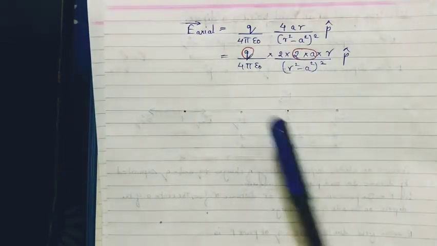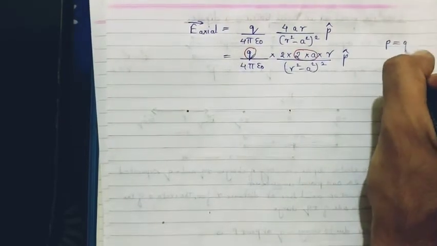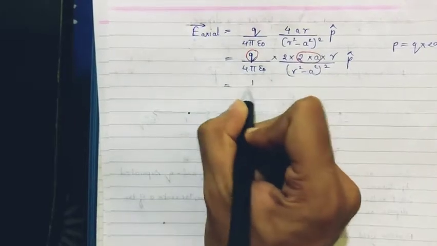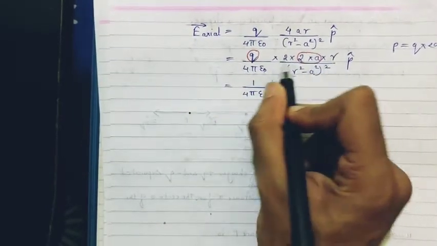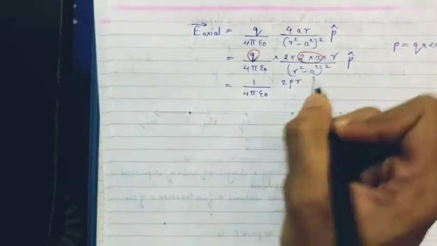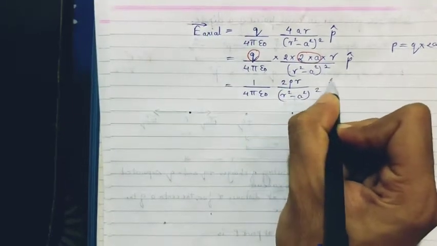Correct? So I can easily substitute this q into 2a, that is p, we know as q into 2a. So I can substitute this as p over here. So I'll get 1 upon 4 pi epsilon naught. This 2r will remain as it is. This I'll replace as p. So 2pr upon (r square minus a square) the whole square into p cap.